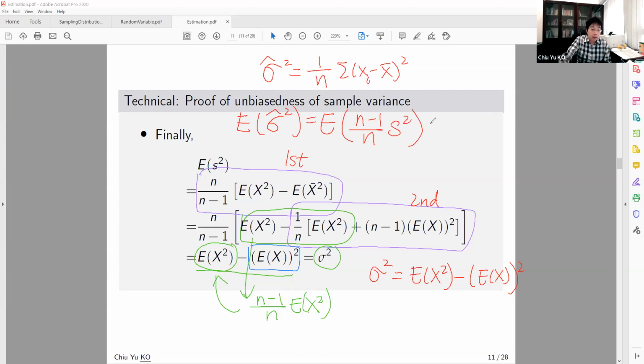That will be n minus 1 over n times expected S squared. So if you use this to estimate sigma squared, that will be a biased estimator, because it doesn't give you the right answer. That's why we always use this S squared instead of the version we have in this slide.